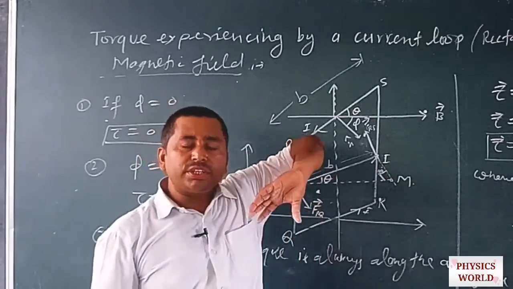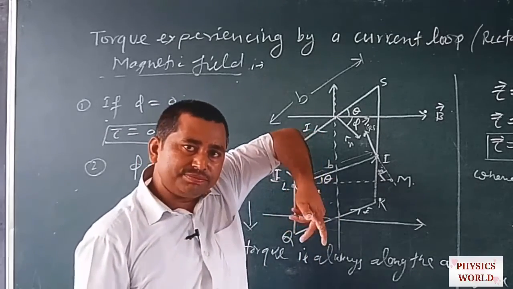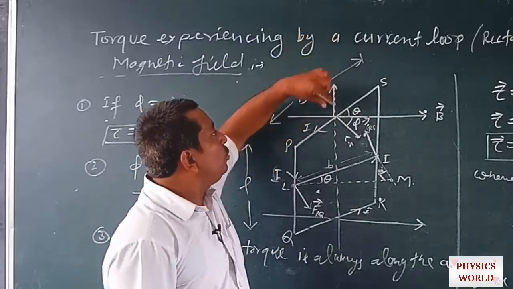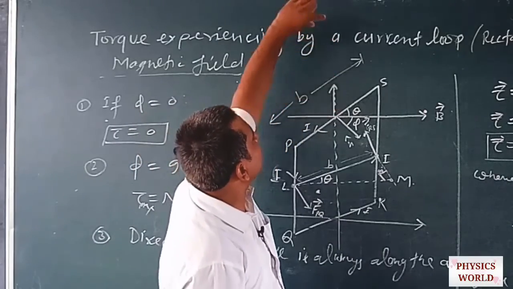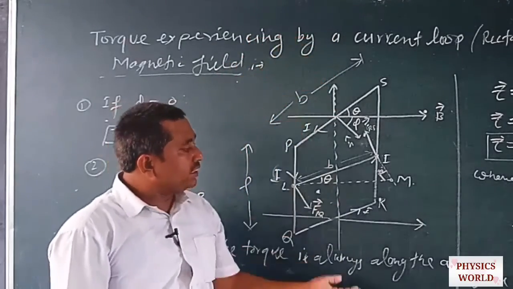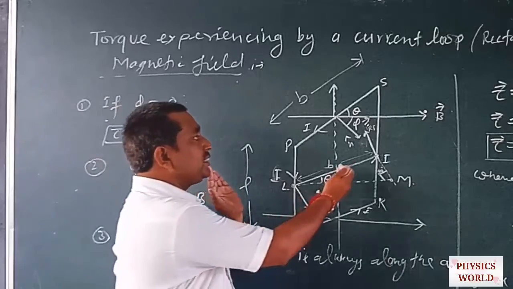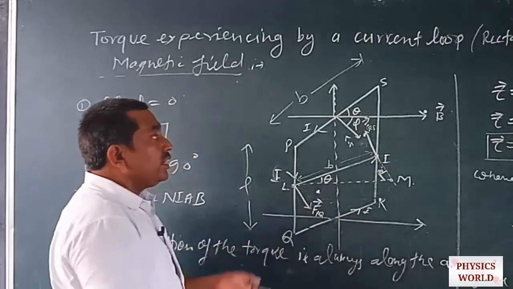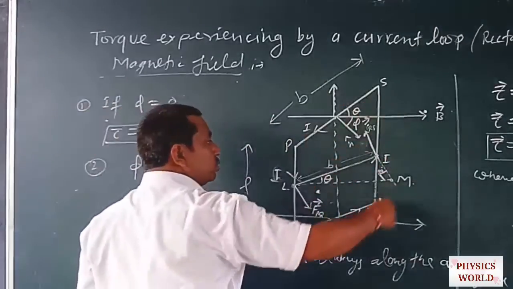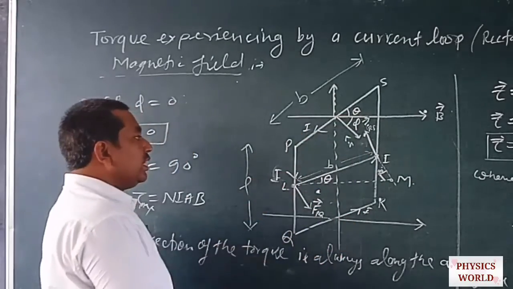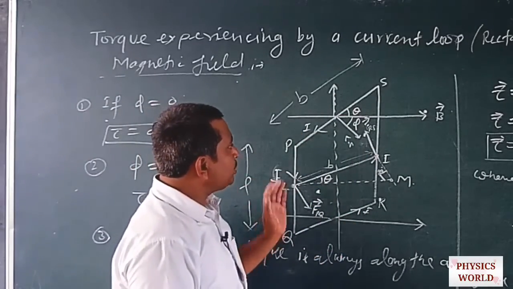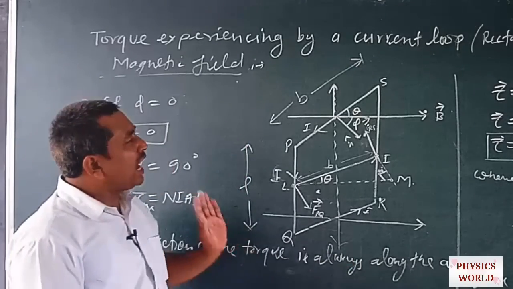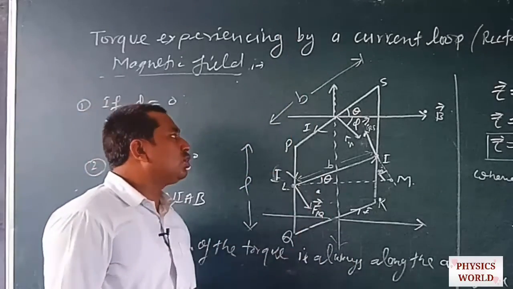If the coil is rotating in anti-clockwise direction, then the torque experienced by the coil will act in upward direction along the axis. But if the coil is rotating in clockwise direction, suppose we reverse the direction of the current flowing through the coil, then the torque experienced by the coil acts downward. Okay, but it will always act along the axis of the coil.